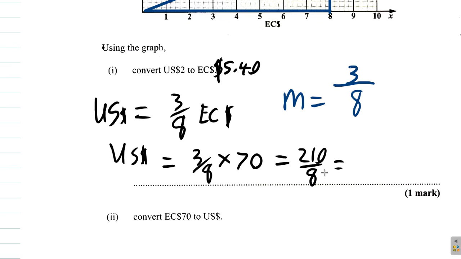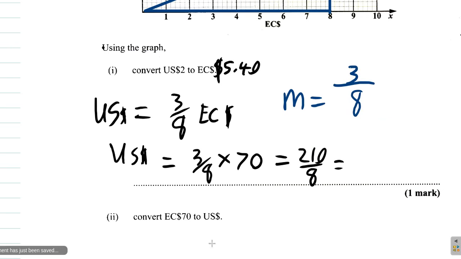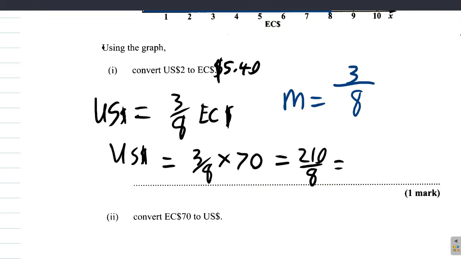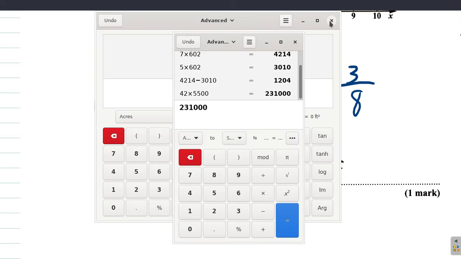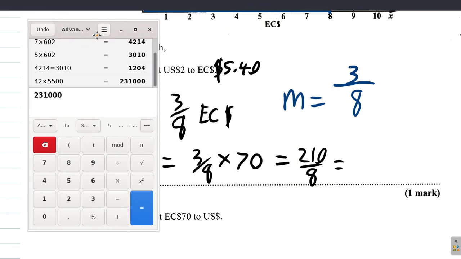We could save a little time by getting our calculator here. It's good to practice without a calculator if you're not in an exam, but anyway, we just use our calculator here. 210 over 8 is $26.25.